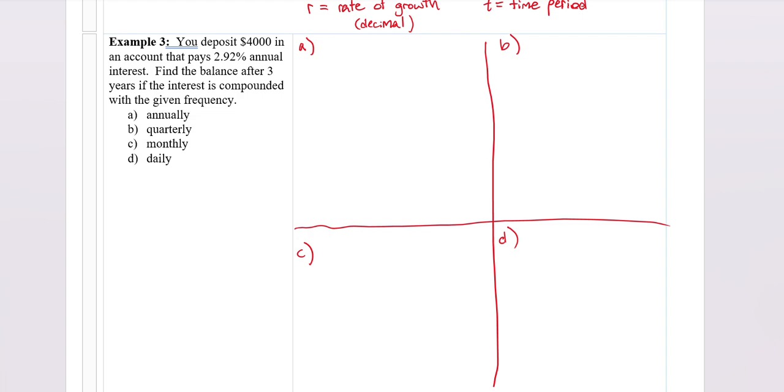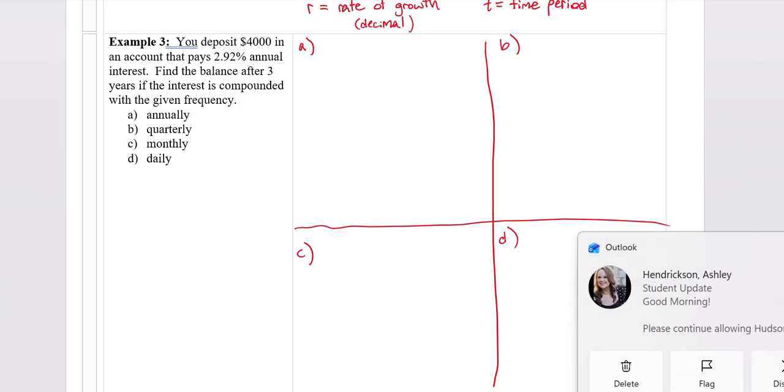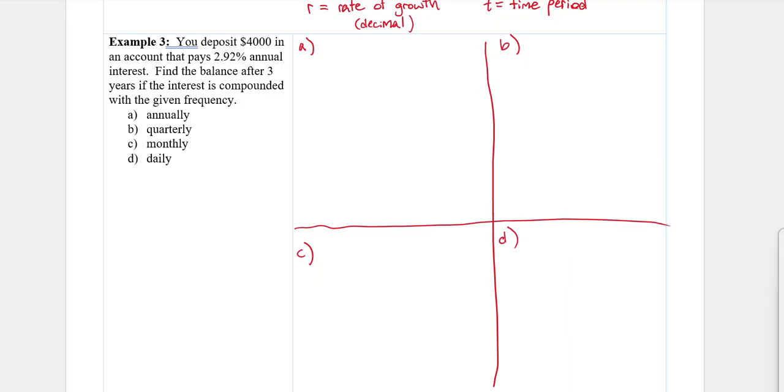And if your money just sits in there with the bank, it will increase over time at a certain rate. So we're going to find what our final amount of money is. If we have $4,000, it's compounding with a 2.92% interest, and then that interest is going to compound a certain amount of times during 1 year.